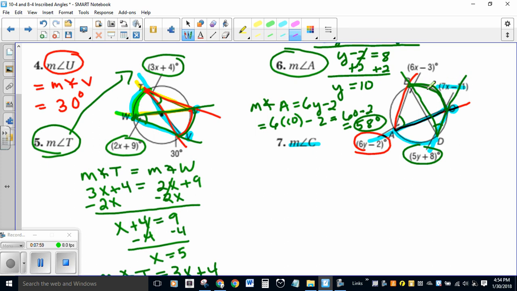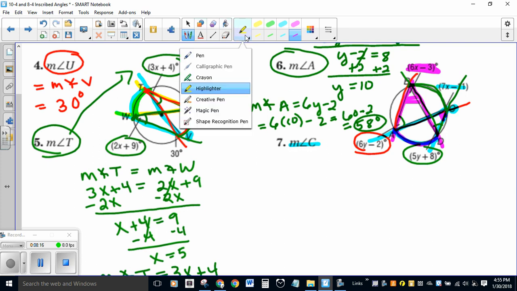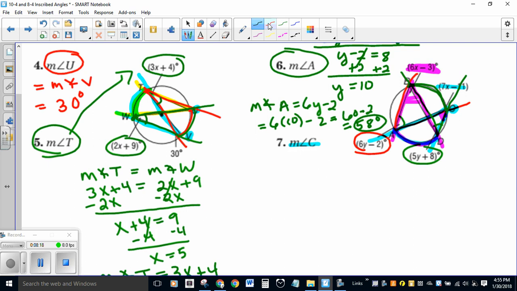And then my other angle that also intersects arc AD is this angle right here, which is angle B, and that is my 6x minus 3. So this angle is congruent to this angle. So the measure of angle C is equal to the measure of angle B.